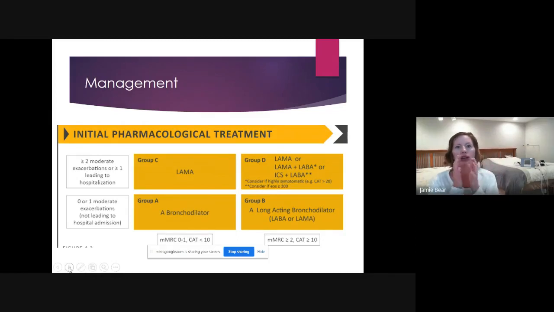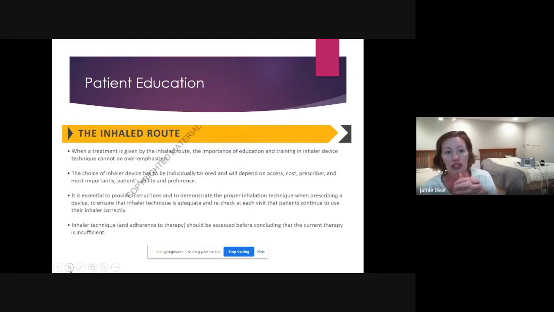And then it's also really important that you do patient education. They really do need to know, when it is an inhaled route, whether it's a dry powder, an MDI, a pressurized MDI, or whatever the device, that they understand how to use it and have the dexterity to use it.